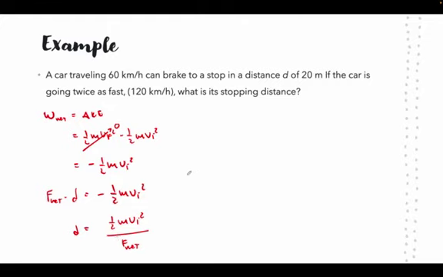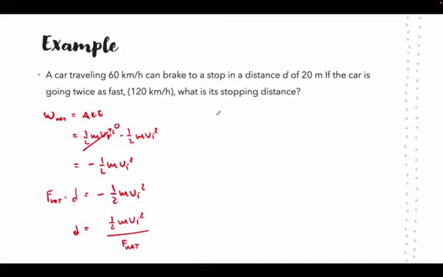But the important thing to realize here is that the stopping distance depends on the velocity squared, right? Because 1/2 is the same, the mass of the car doesn't change, the braking force doesn't change because it's the same brakes, the same tires on the same road. So the only thing that would change is vi squared.